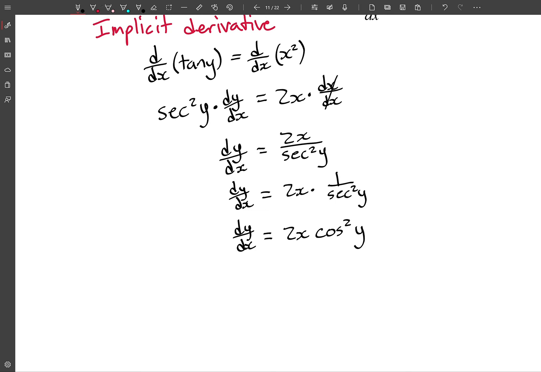And that's just a trig identity there. And there we go. Proven. Done. Okay.